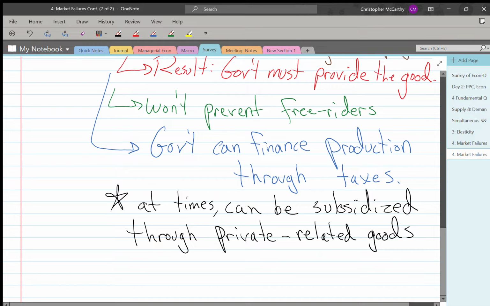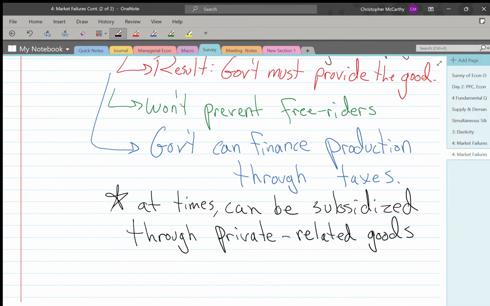All right, let's do applying the analysis on page 115.